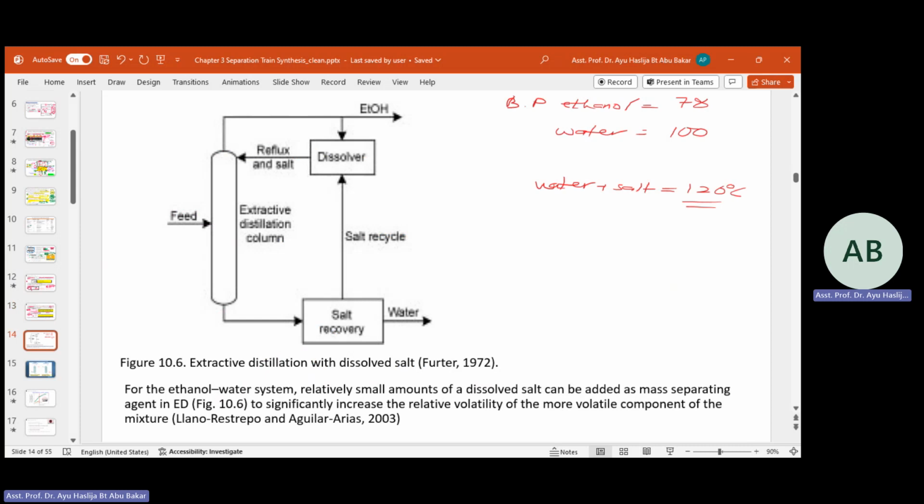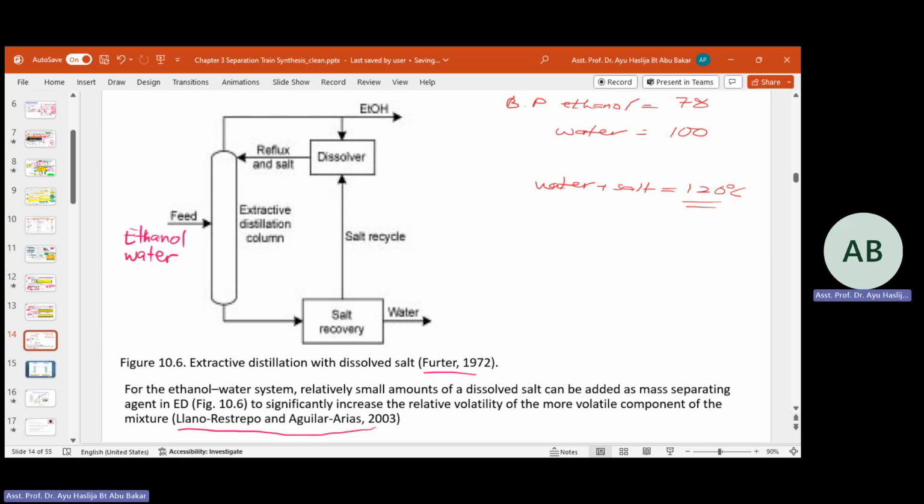Okay, for example over here. Here we have the feed. This one I extracted from this journal, this figure. Now the feed is ethanol and water. We know that the boiling point of ethanol is 78, water is 100.